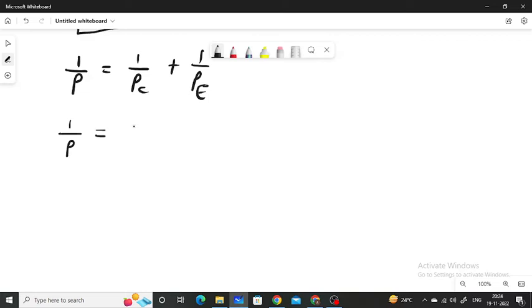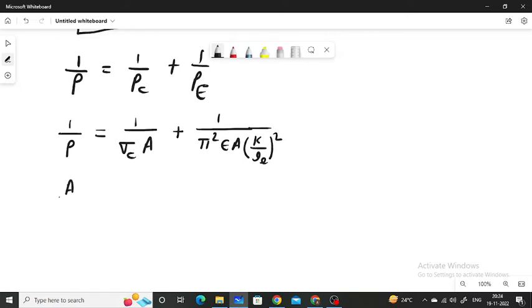One by P is equal to 1 upon sigma C into A plus 1 upon pi square E A K square upon Le square, or 1 upon sigma C plus 1 upon pi square E K square upon Le square, all divided by A upon P.